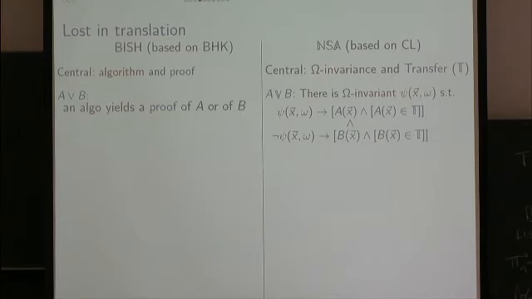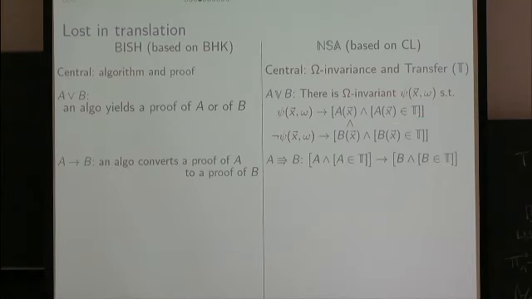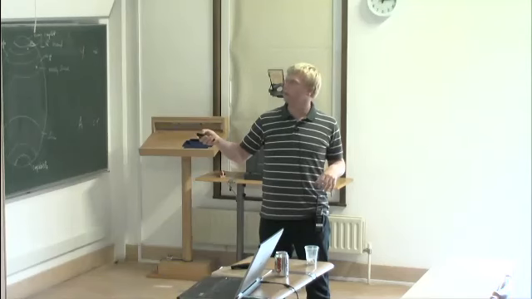So as you can see, instead of an algorithm that says this or that, we have an omega-invariant formula that says this or that disjunct, and we don't have a proof, but we say that the formula satisfies transfer.